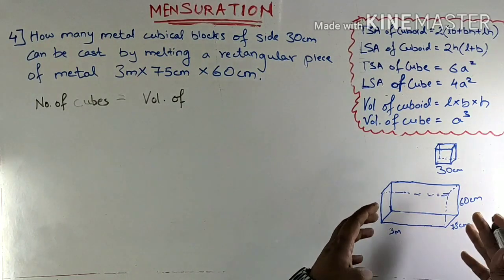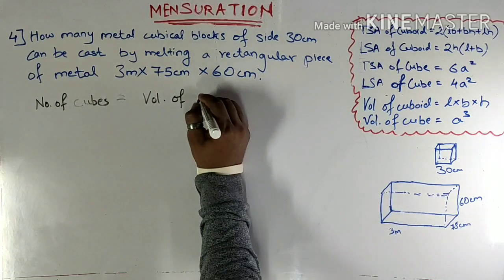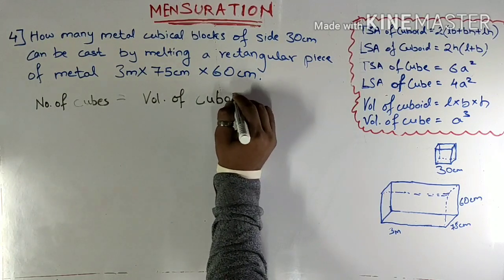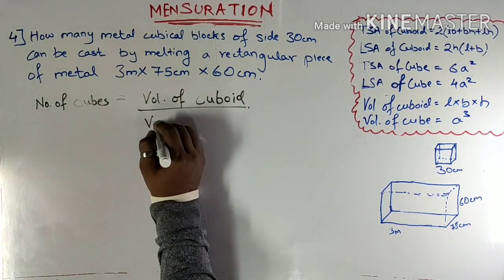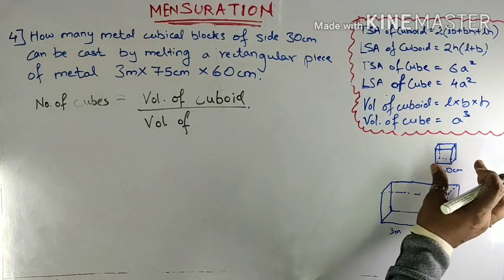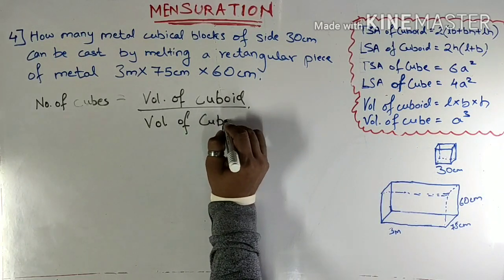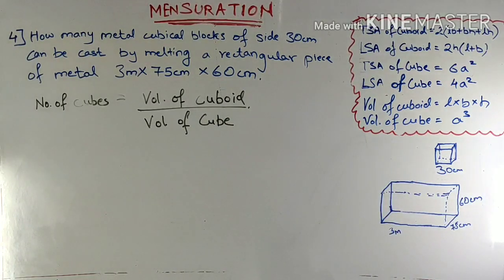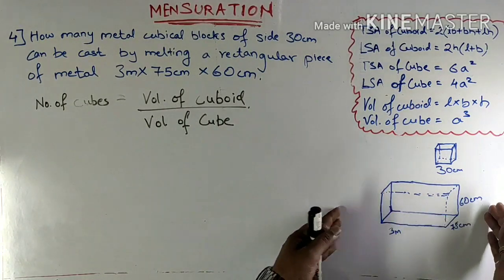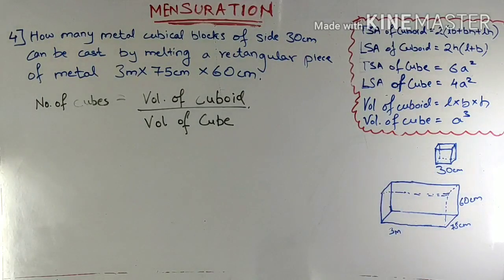Here the larger object is the cuboid, so volume of cuboid divided by volume of the smaller object, that is volume of cube of this dimension. So always remember, if I am converting a larger object into a smaller object, the number of smaller objects is given by the volume of the larger object divided by the volume of the smaller object. Okay, so let's use the formula.